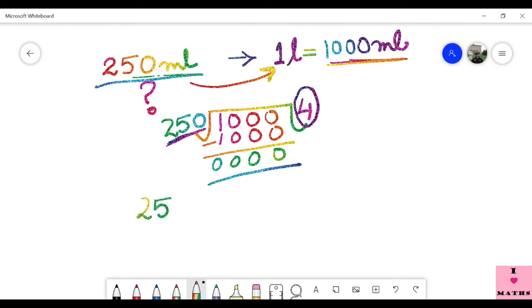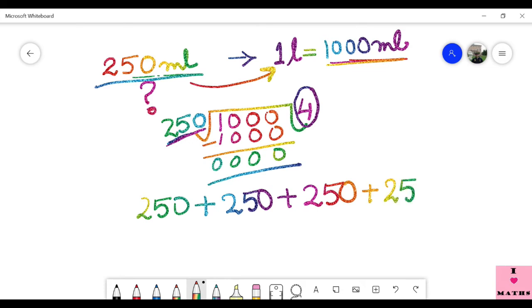So 250 plus 250 plus 250 plus 250 will give us 1000 milliliter or 1 liter.